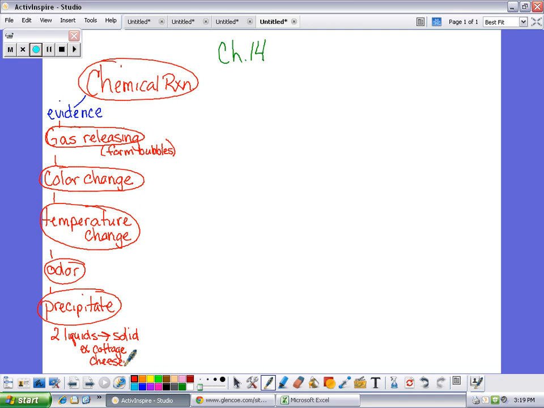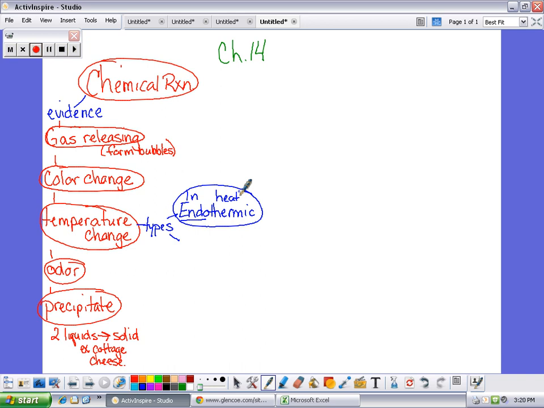Going back up to the temperature change, there are two types of temperature changes that occur. So you have your endothermic, and I write this in blue just because endothermic, endo means in, thermic means heat, so heat goes in to the reaction, therefore feeling cold.